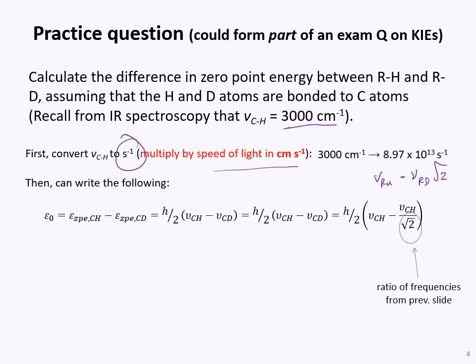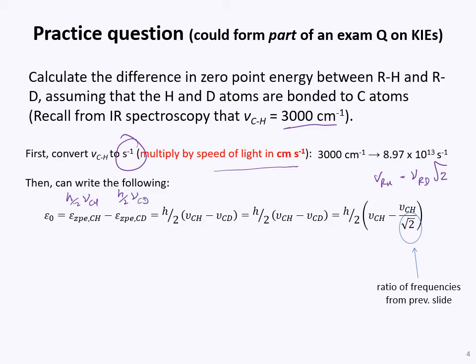Then what we can do is we can say, well, wait a minute, we have an expression for our zero point energies, and we can say that the difference for the reactants in the zero point energies is given by the zero point energy of one of them, the H version, and the zero point energy for the other, the D version. So if we do that, this is h over 2 mu CH, and this is h over 2 mu CD.